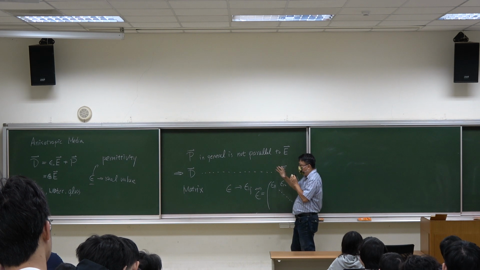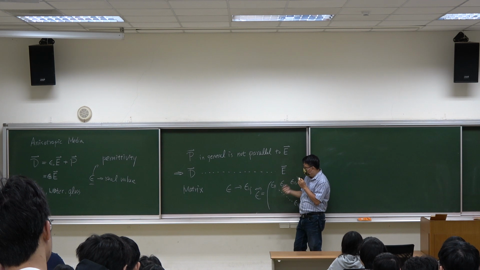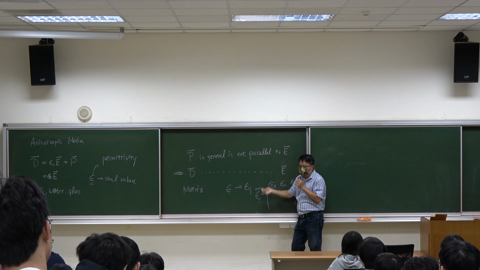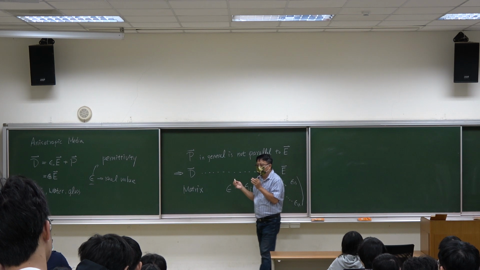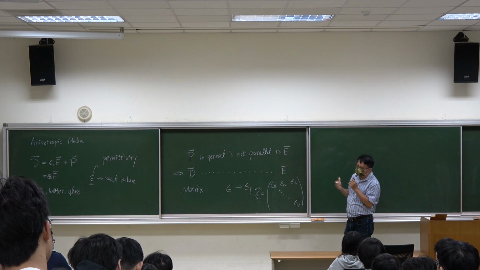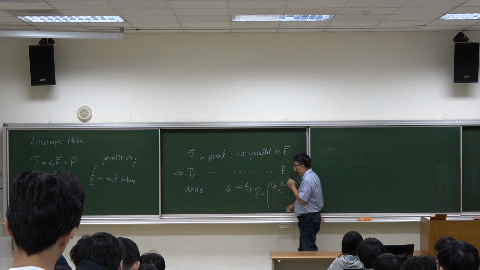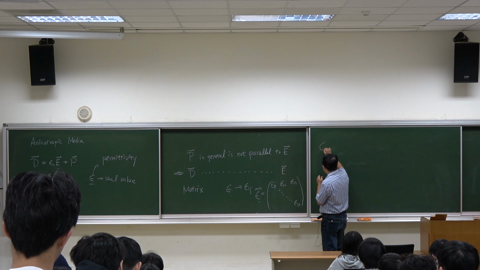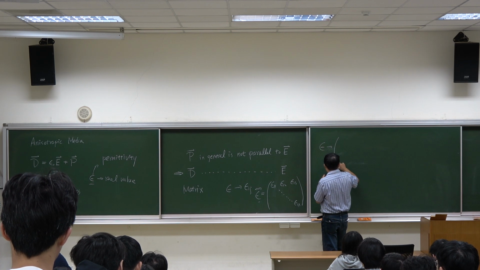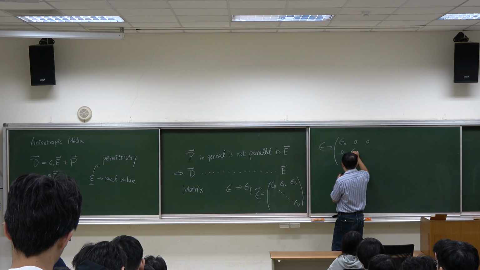You can rotate your coordinate system to make the representation of this epsilon tensor different. Okay. You can always find a coordinate system that the epsilon tensor becomes a diagonal form. So it becomes the form.